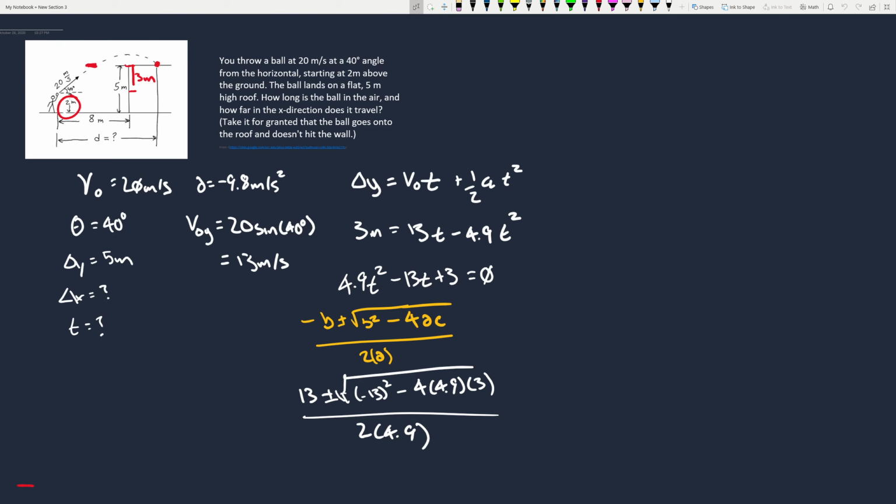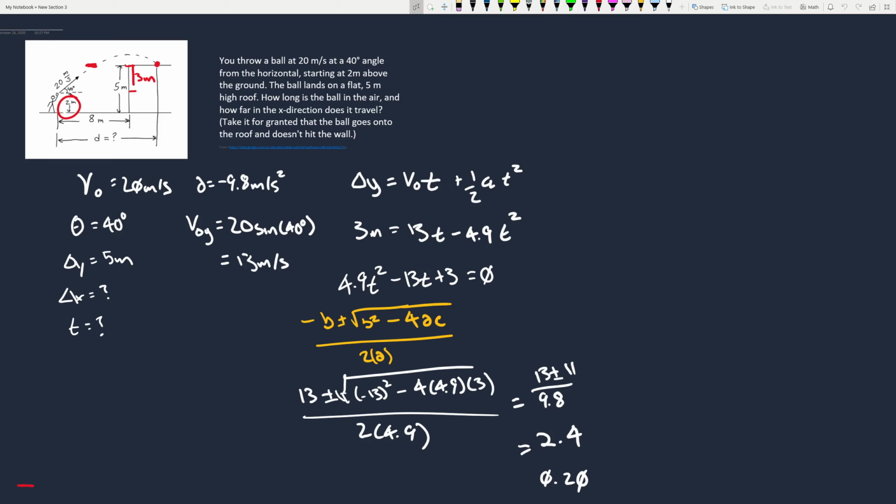And with that, it comes out to 13 plus or minus 11 over 9.8. And that simply just becomes 2 answers. We get 2.4 and 0.20.